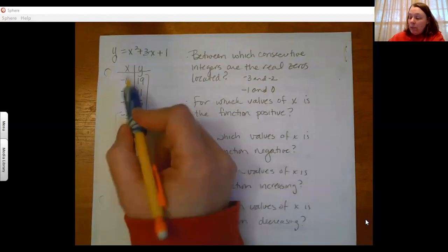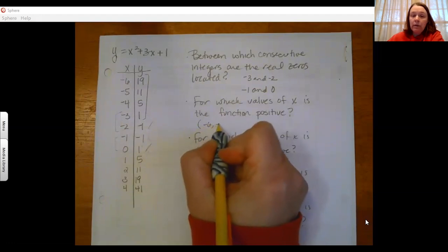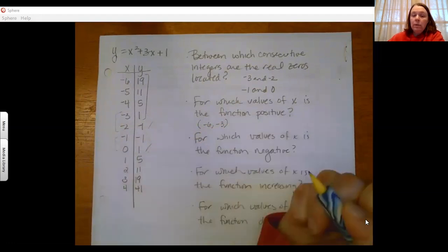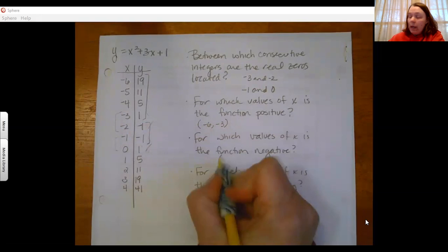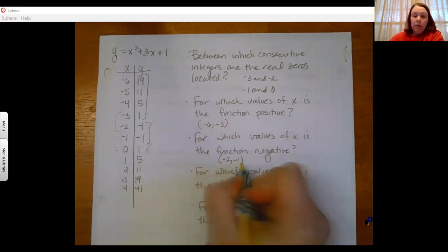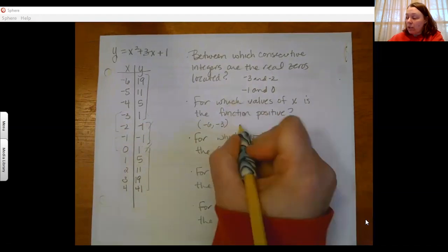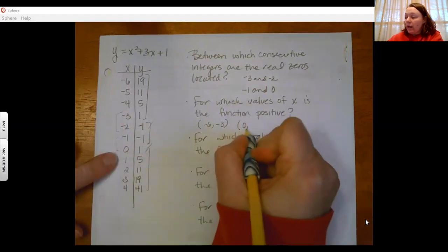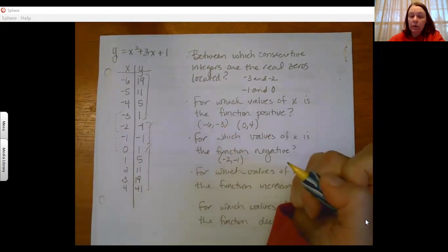So right now it's positive from, if we want to use interval notation, we could say from -6 to -3. It's positive. Okay, and then here I'm seeing that my y values are negative, so I could say from -2 to -1, it's negative. And then it's positive again. So again, we're using the x values to describe when the y values were positive or negative.